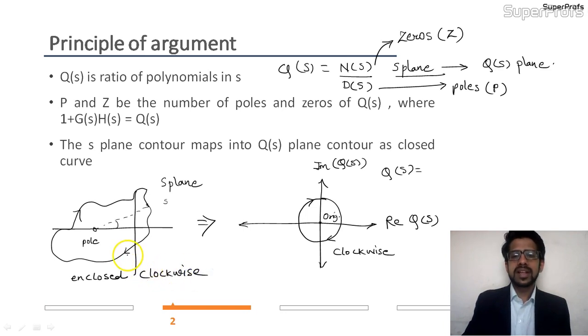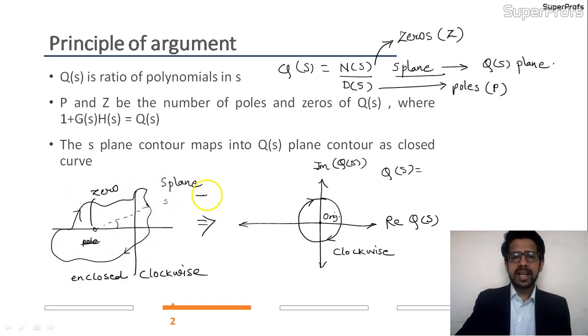There are three important terms here. Sorry, this is not a pole. This is a zero, which is shown by a hollow dot. This is the zero of N(S) that I am talking about. This zero is enclosed clockwise in the S plane.